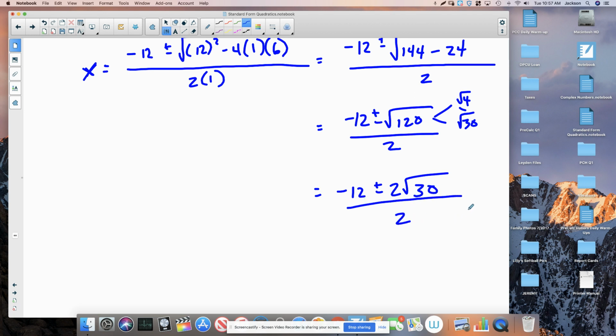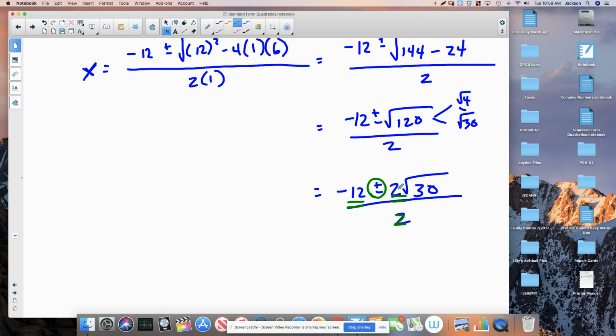over 2. Once we get to this situation, what we have in the numerator is both a sum and difference at the same time. So when it comes to simplifying this, which is what the program's going to want, we need to check to make sure that this number and any coefficient of the radical or any number that follows that plus or minus is divisible by 2.